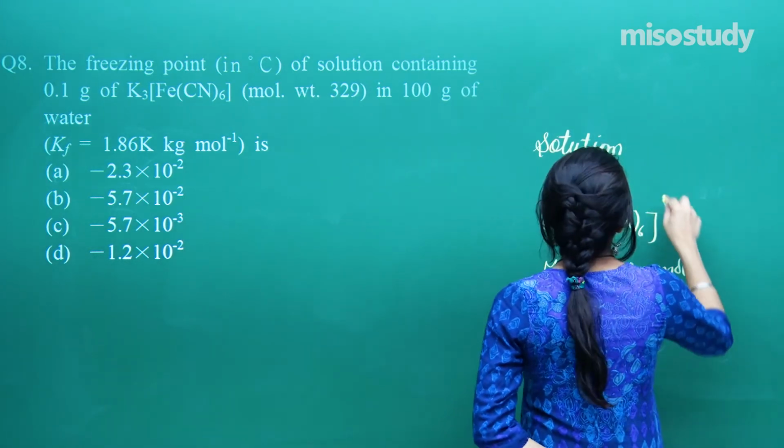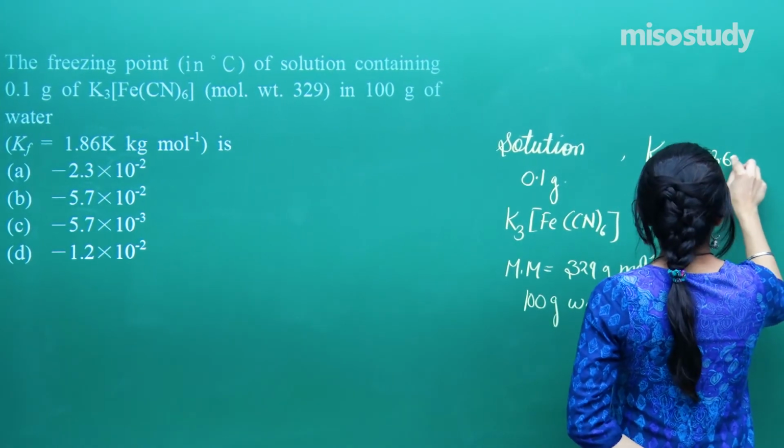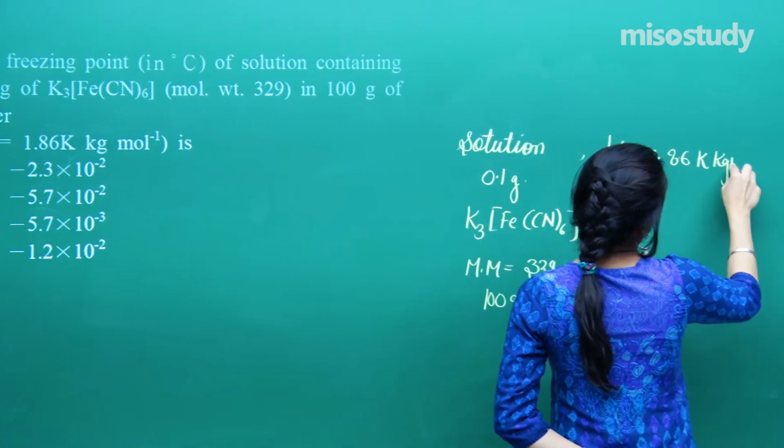And the Kf of water, as you know, is 1.86 Kelvin kg per mole.